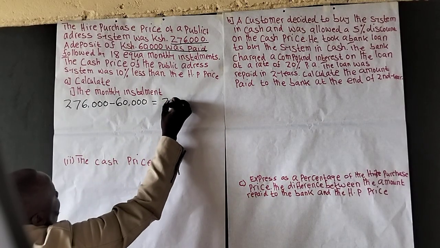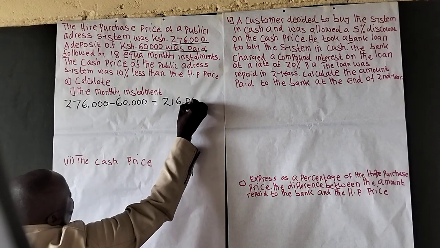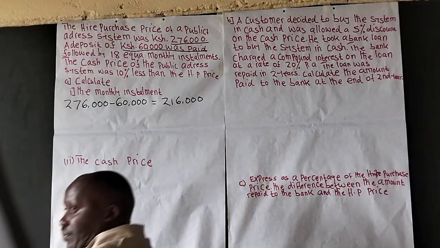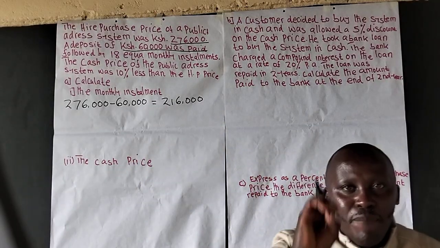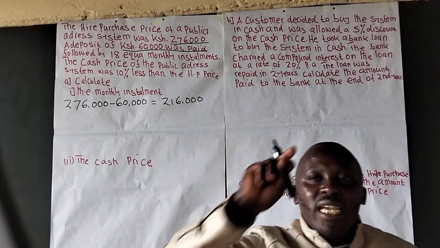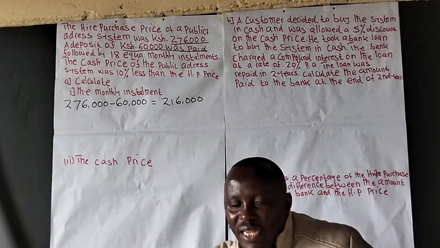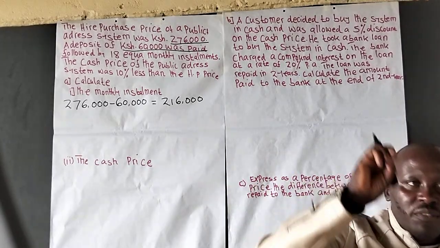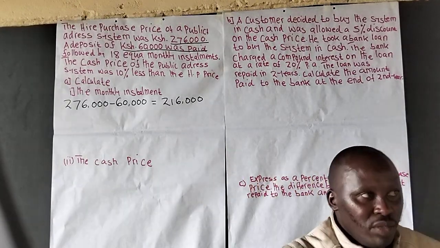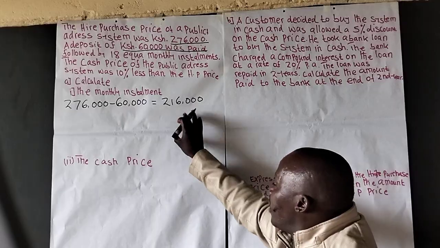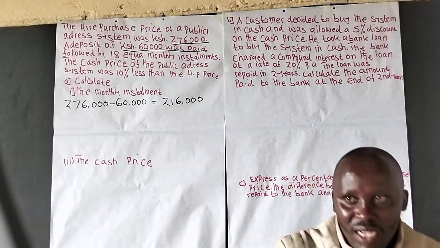This 216,000 is paid in 18 months by paying a certain amount every month, and that amount paid every month is called the monthly installment.